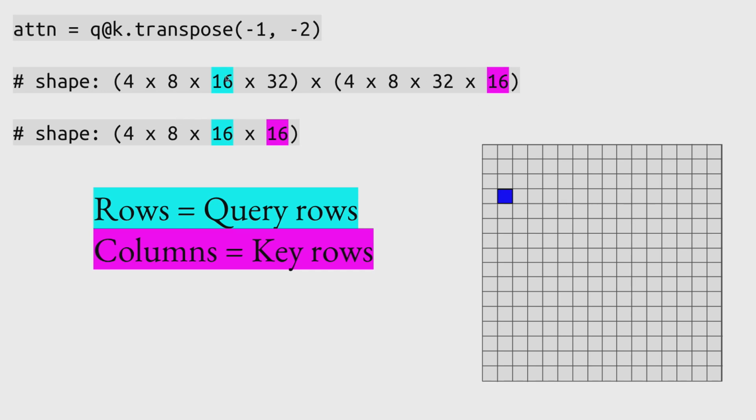When we do matrix multiplication, we start out with these 16 rows, and we line those up with these 16 columns, except these 16 columns started out as rows of our key matrix K. So our final result is that the rows in the attention scores correspond to the rows of the query matrix, and the columns correspond to the key rows.